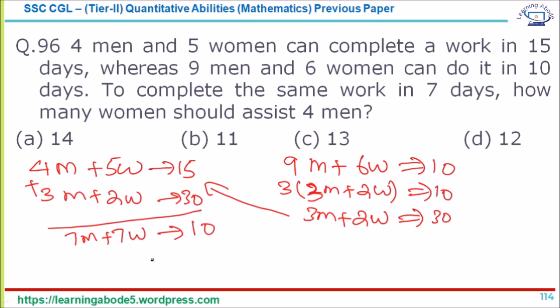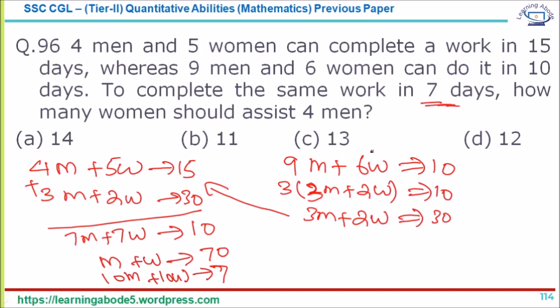So 7 men and 7 women can complete a task in 10 days. So that means I can also say 1 man and 1 woman can complete a task in 70 days. Okay, or I can say 10 men and 10 women can complete a task in 7 days. Now because what is asked, we have to complete the task in 7 days, right?